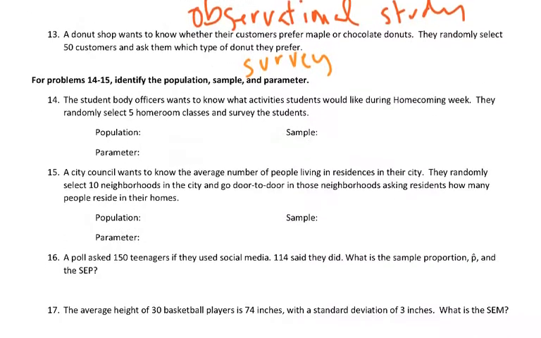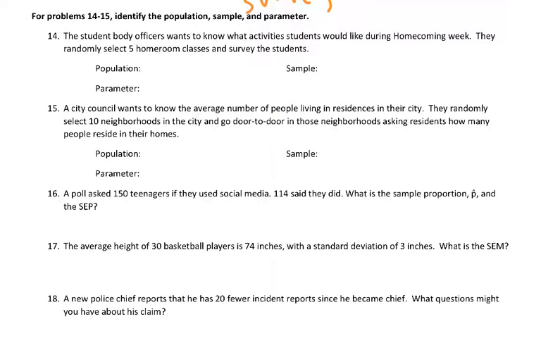Okay, now 14 and 15, we're just identifying the population, the sample, and the parameter. Remember, population is your largest group, what you want to find out about. Okay, then the sample is the smaller group you're actually testing to see what happens, and the parameter is what you want to find out.